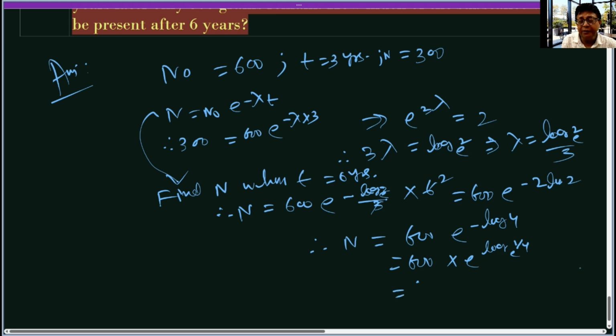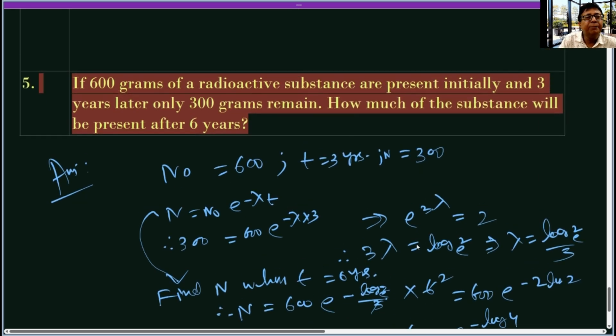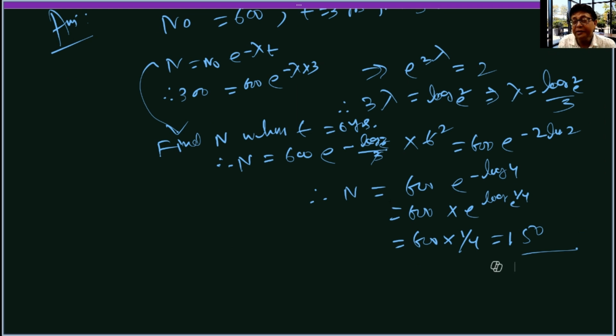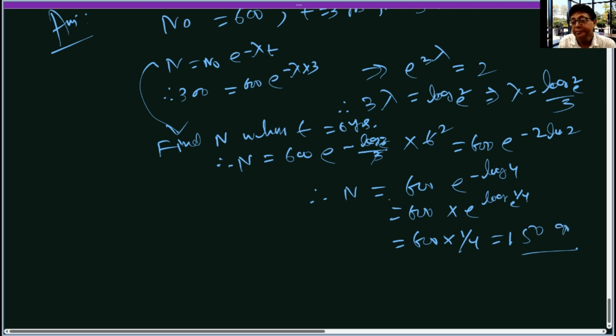And this is a very familiar form. E to the power log x base e is x only. So after 6 years, 150 grams will be remaining.